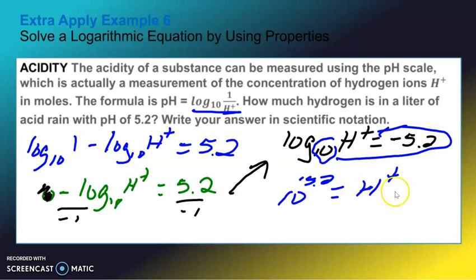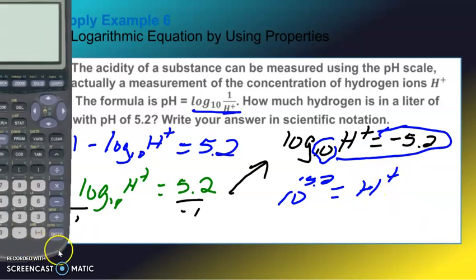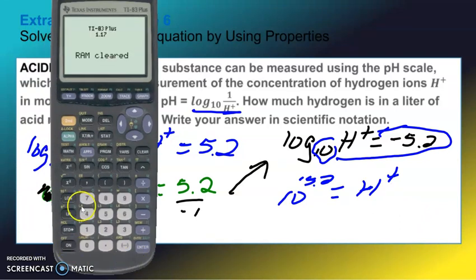Now if I take my calculator, and I just do 10 raised to the -5.2, I get 6.309573445e-6. They're asking me to put the answer in scientific notation.